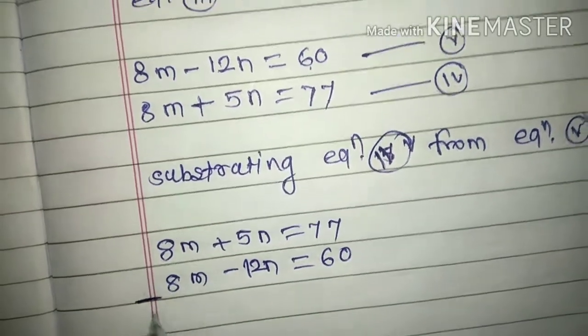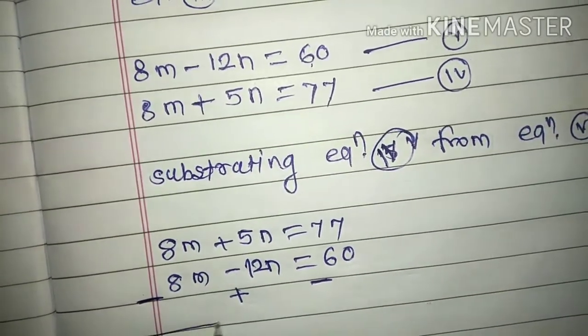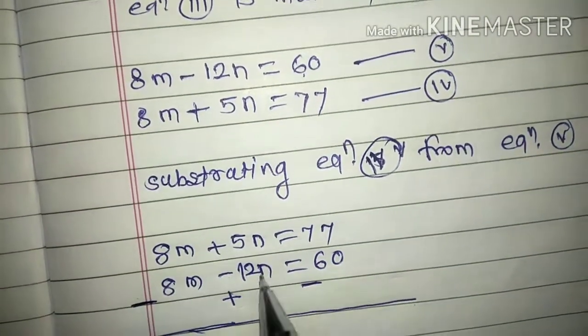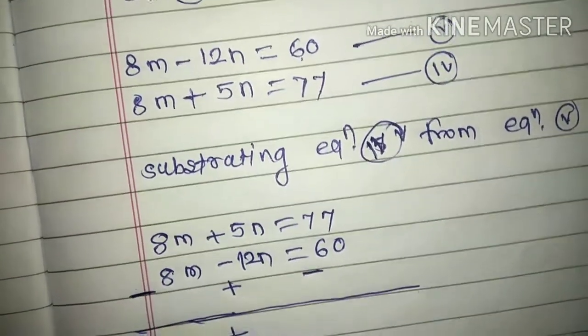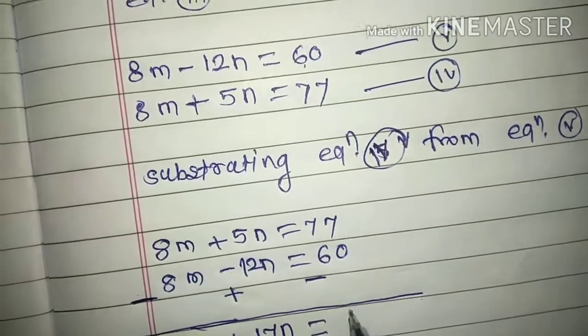Here subtracting values, 8m minus 8m is 0, and here 5 plus 12 is 17n is equal to 17.